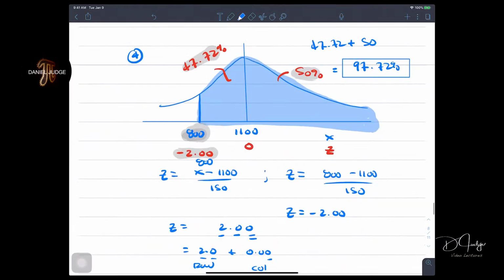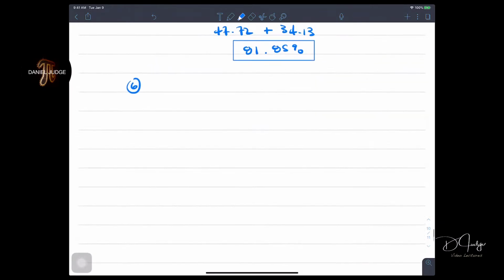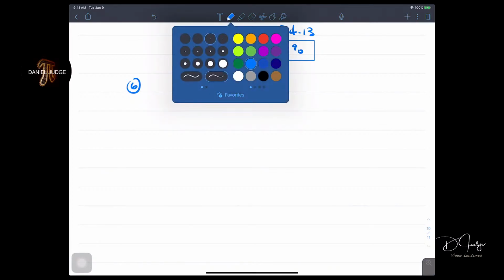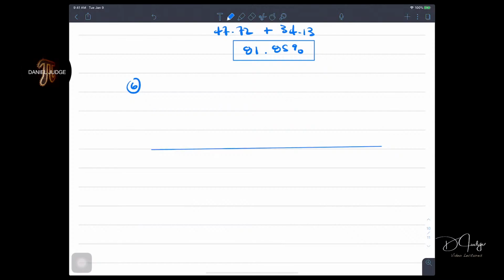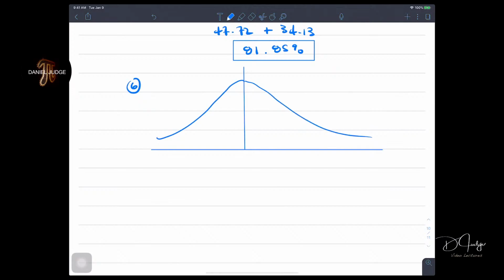So let's see if you guys remember how to do this. 1250 and 1500. $1,100, and remember 1250 is to the right. And 1500 is to the right.